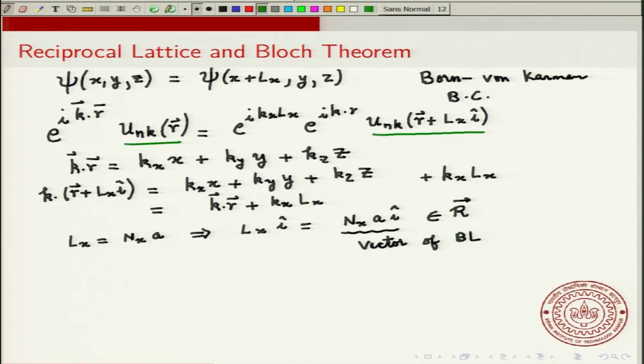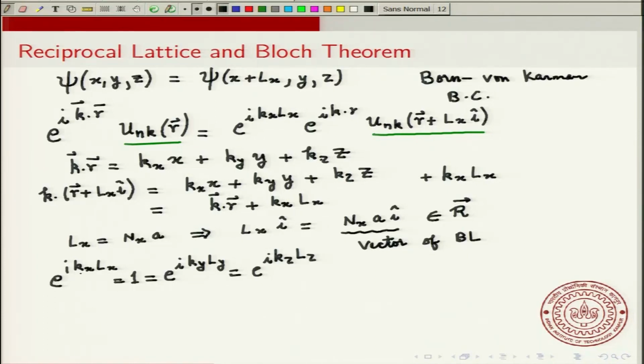So then we get a condition: e to the i kx Lx equal to 1, and similarly we can also get conditions for ky Ly and kz Lz.